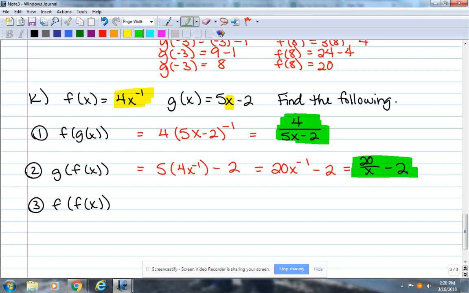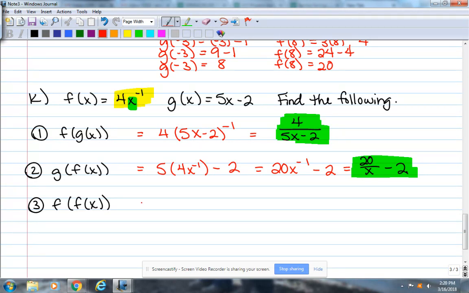All right, so the last one they want us to do is f of f of x. So that means I take all of f of x and put it into the x of f of x. So that means I'm going to take 4x to the negative 1 and put it into x for 4x to the negative 1.